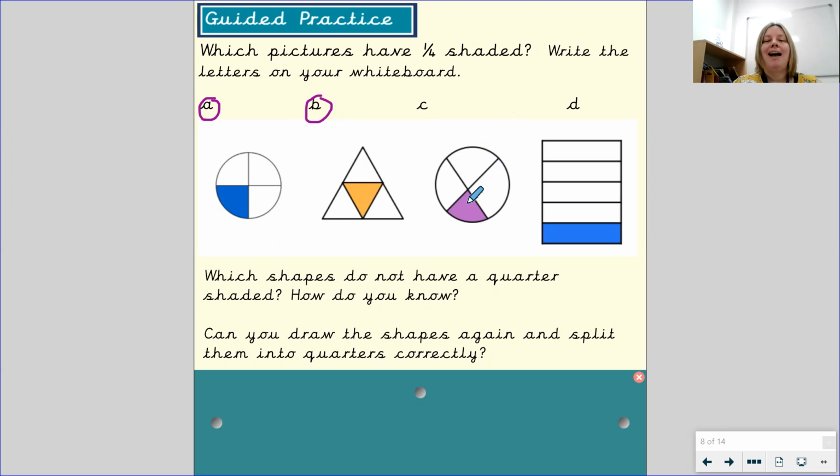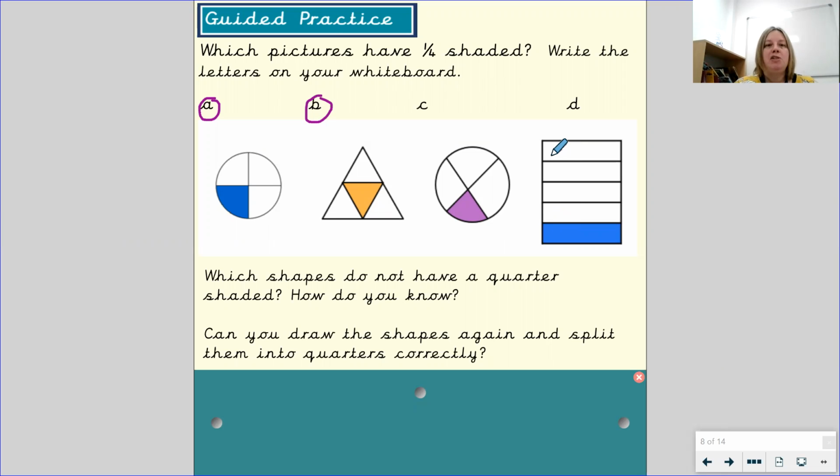So 1/4 hasn't been shaded. Let's look at D. How many parts has D been split into? 1, 2, 3, 4, 5. And if we were finding quarters, it would need to be divided into 4 equal parts. So shape D doesn't show us a quarter.